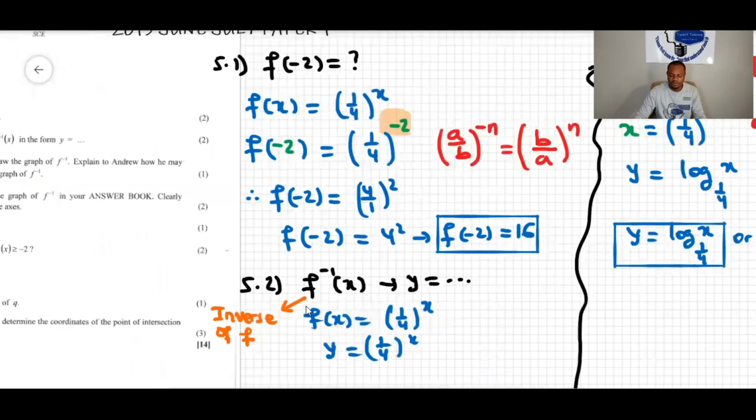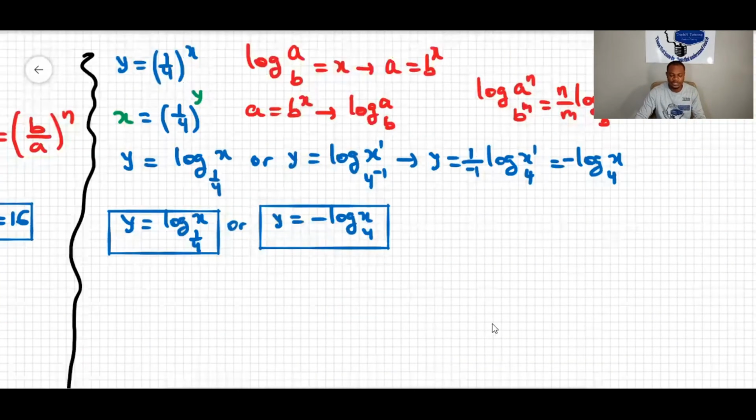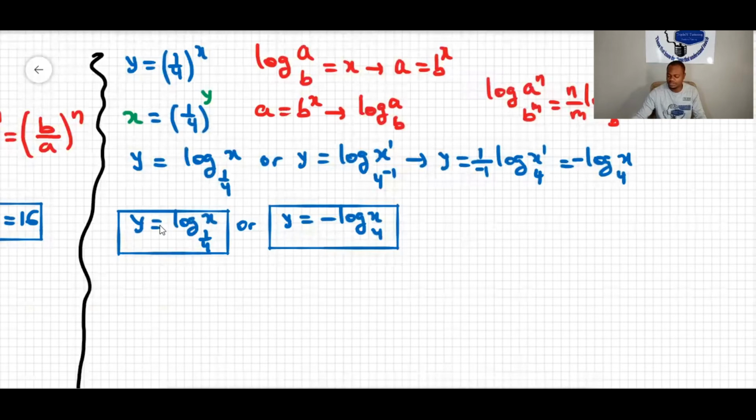Now to draw the graph of this function, because this is the inverse function, f minus 1 of x, which is log of x base a quarter, or negative log of x base 4.